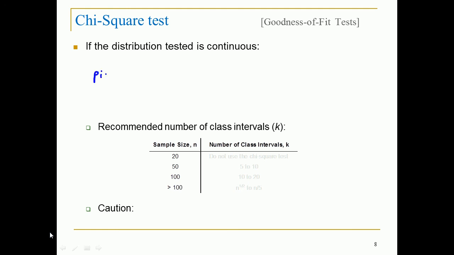So Pi is going to be equal to the integral from ai minus 1 to ai of f of x dx, which is the same as looking at the cumulative distribution evaluated at ai minus the cumulative distribution evaluated at ai minus 1.